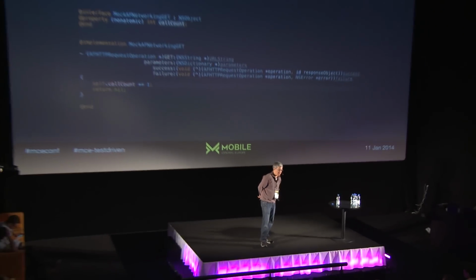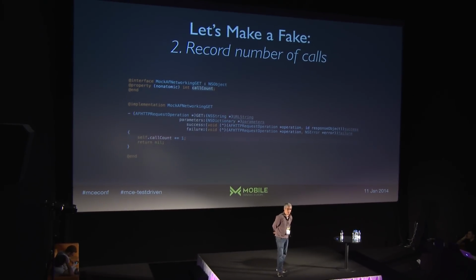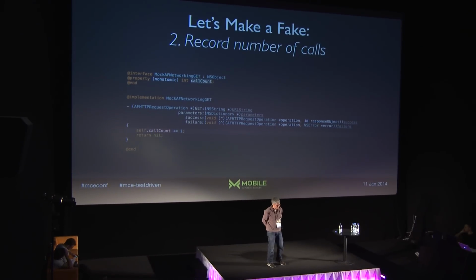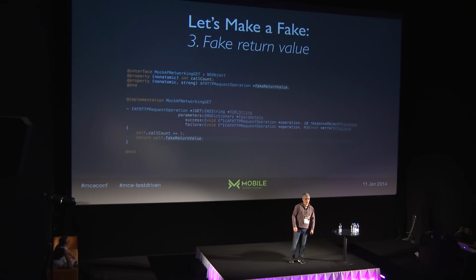Now we're ready to record the number of calls. I'll do this with a simple integer property called call count, and you can see it just increments that property. In case we need a return value for stubbing, this is just another property.